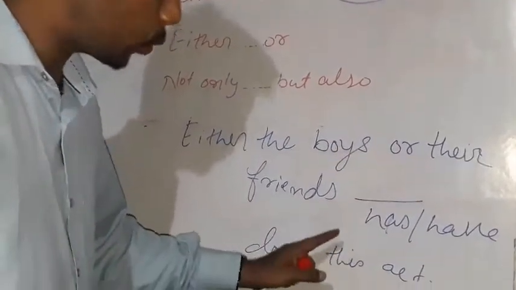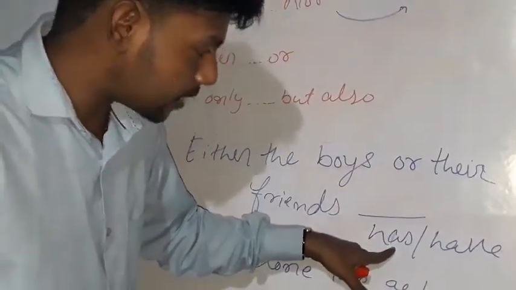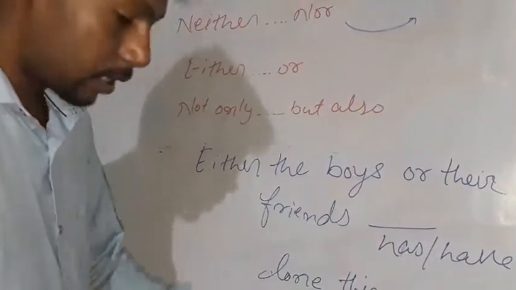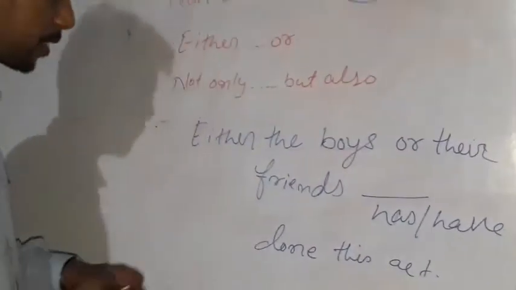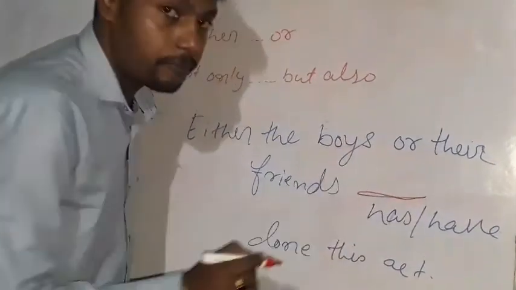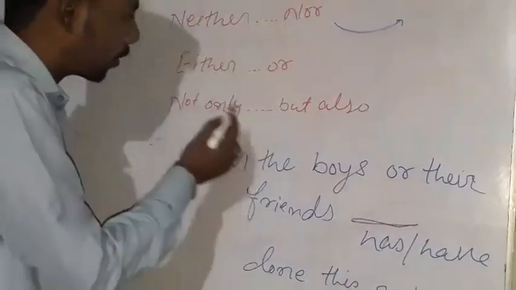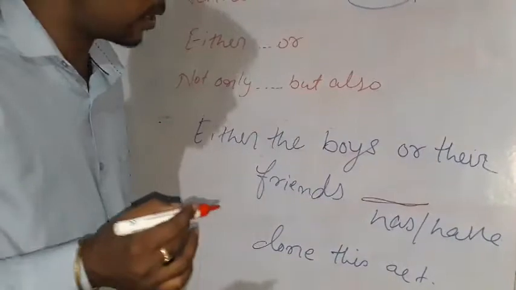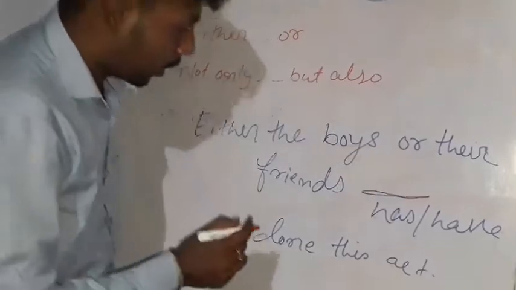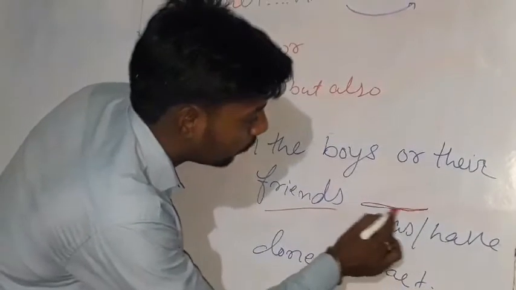You have to choose whether has is suitable or have is suitable. As in the previous example, here is the place of verb, and when either or, neither nor, not only but also, these conjunctions are used in making the subject, then you have to choose the noun closer to the place of verb.